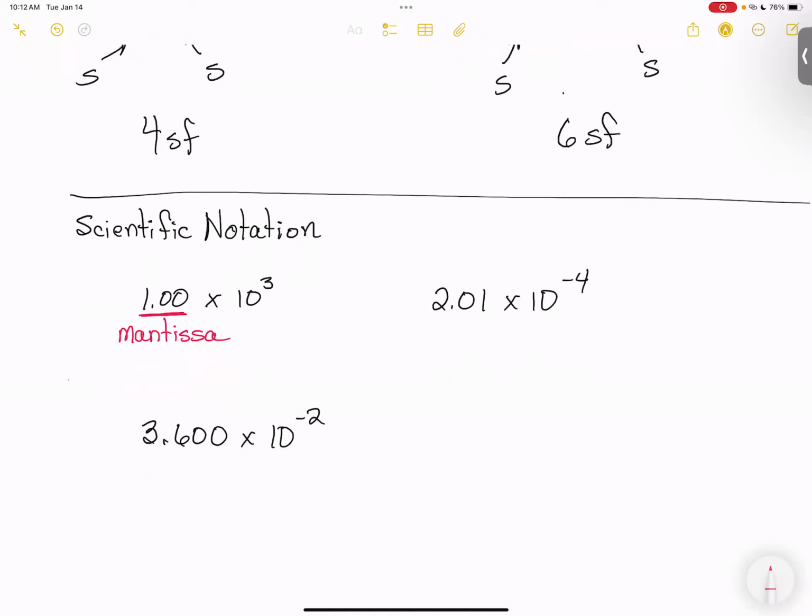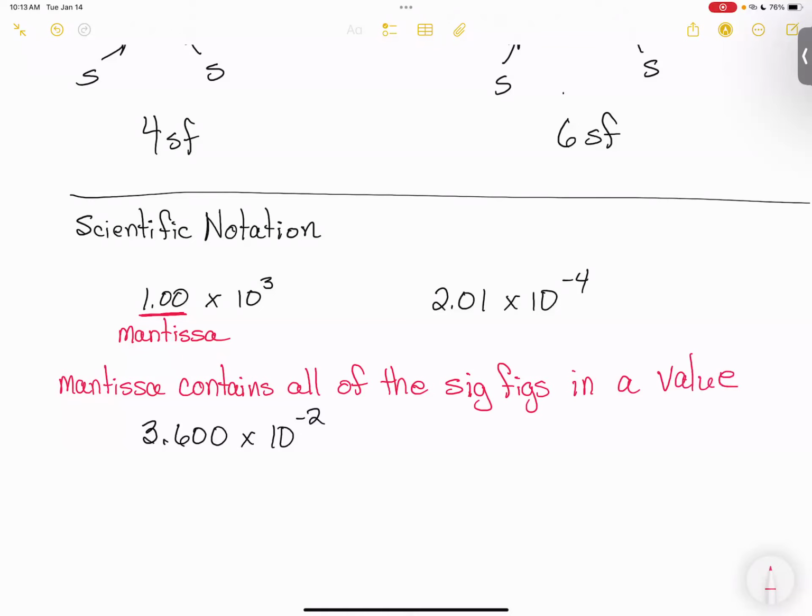The mantissa contains all of the significant digits in a value.